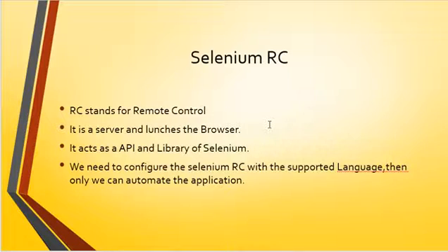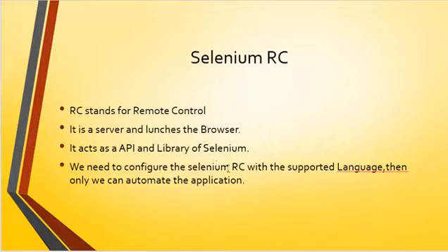That means while working on WebDriver and Selenium IDE, we are actually working on the client side. But everything is getting stored in Selenium RC. Okay. So it acts as an API and library for Selenium. In Selenium RC, we have a list of APIs which run in the background while dealing with front-end programs. Okay.